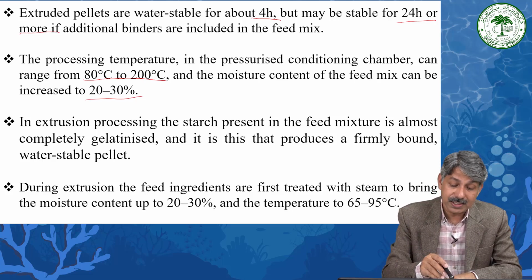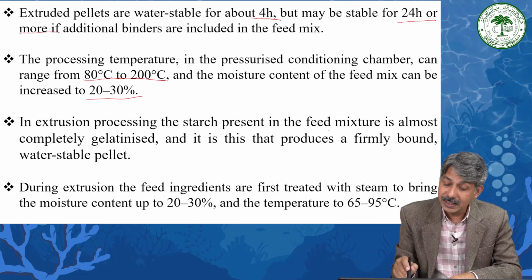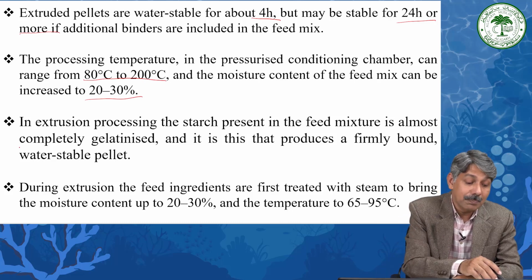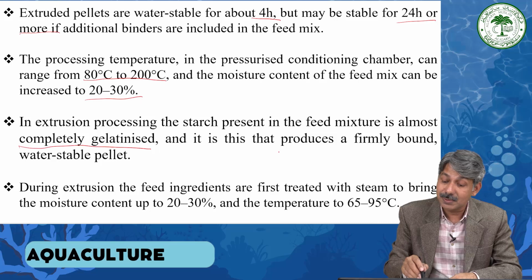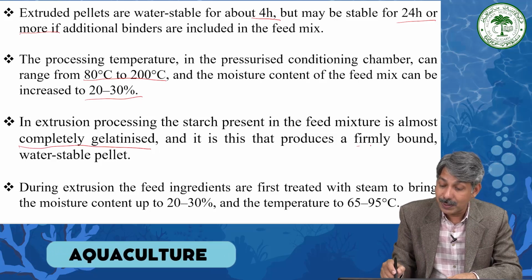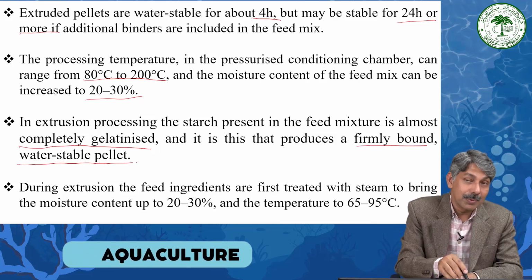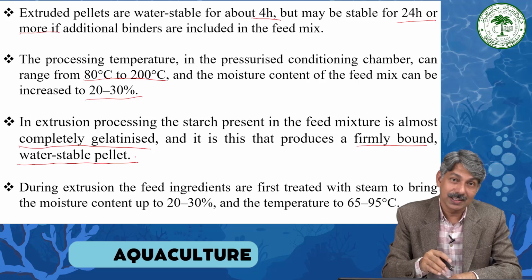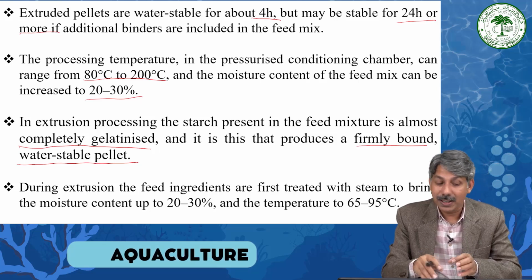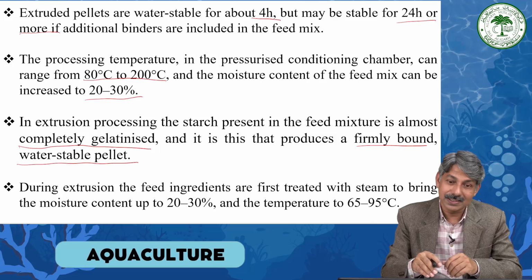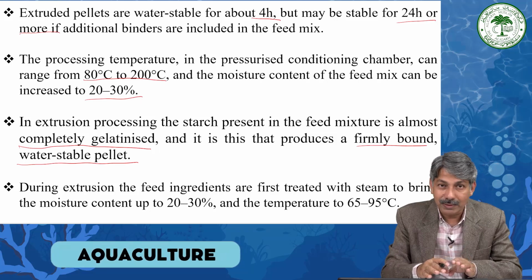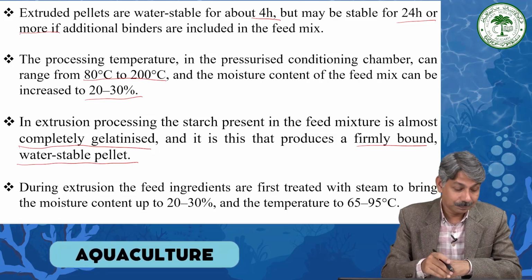In extrusion processing, the starch present in the feed mixture is almost completely gelatinized, and it is this that produces a firmly bound water stable pellet. So see the technology: just by complete gelatinization of the starch present in the ingredients, they have been able to increase the water stability.